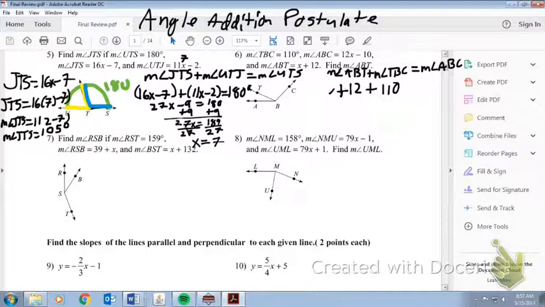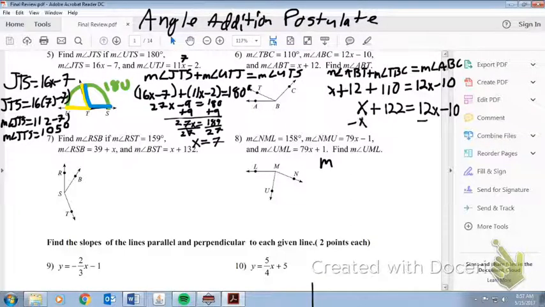So we're going to add everything up, and we get x plus 122 equals 12x minus 10. Subtract x from both sides, we get 122 equals 11x minus 10. Add 10 to both sides, we get 11x equals 132, which means that x equals 12.